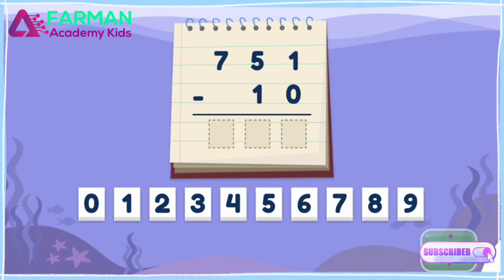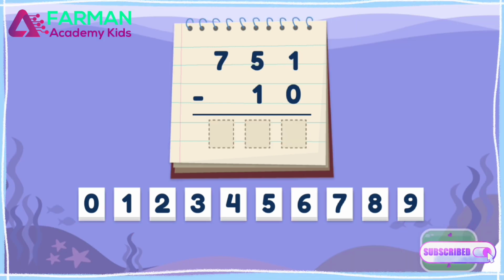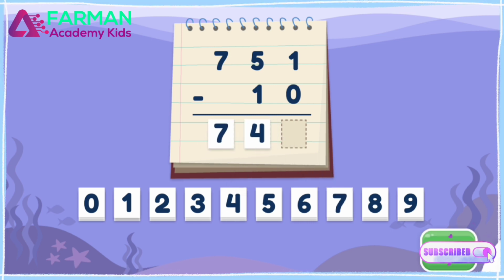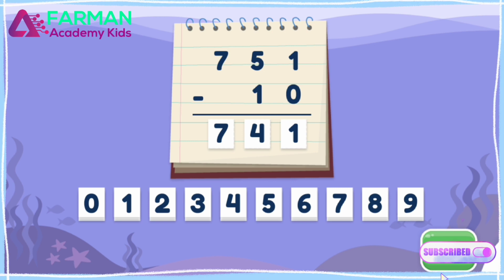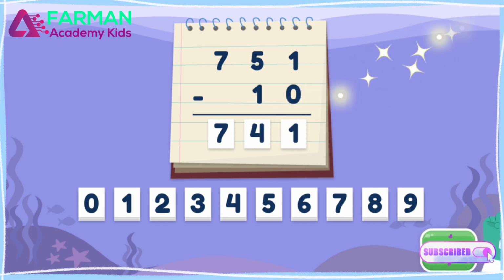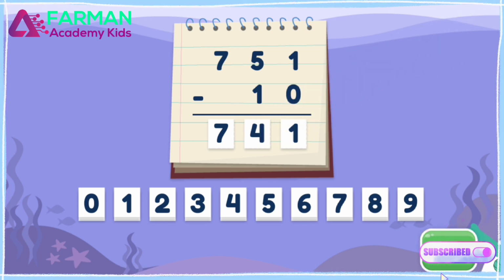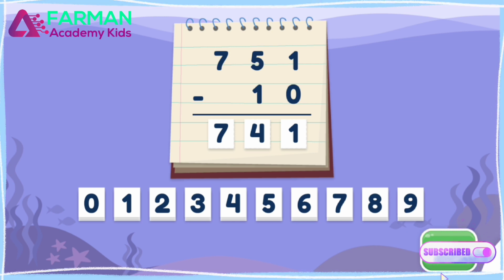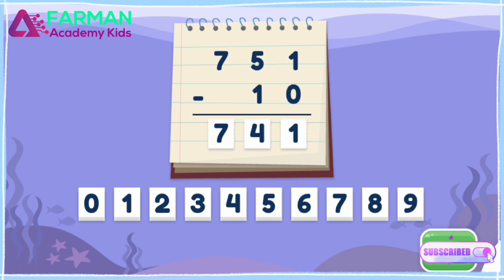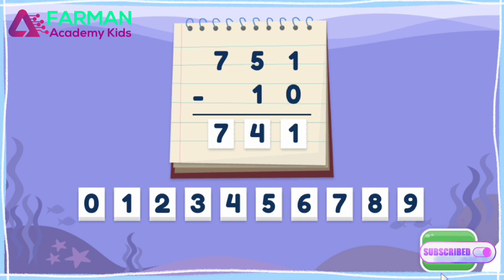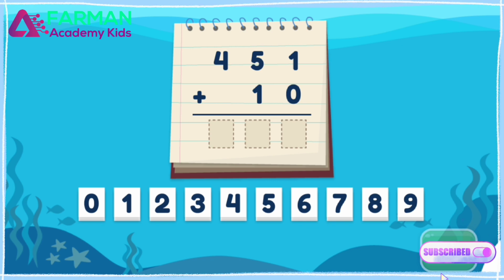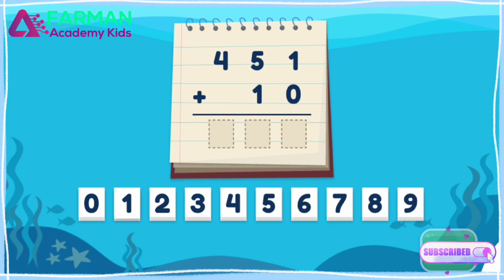Take away 1 from the tens place to solve the equation. Hooray! Look at the number, 751. And the answer. If you are subtracting 110, you can decrease the number in the tens place. Solve the equation.